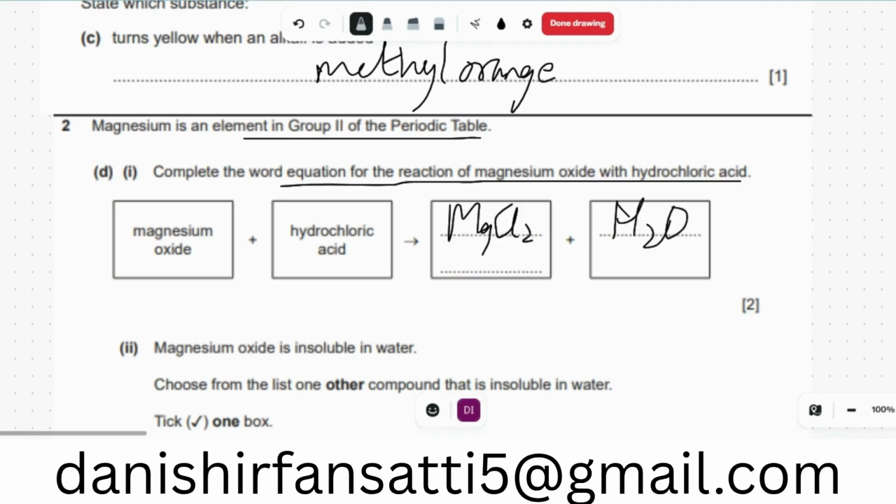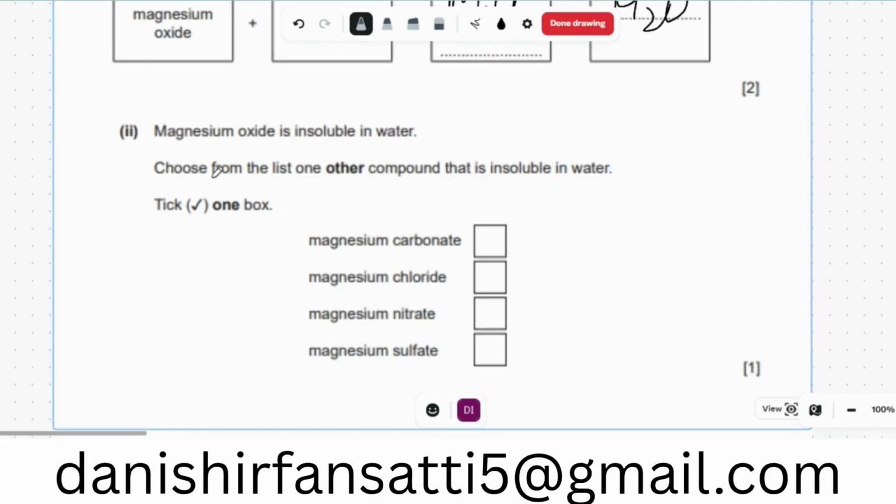Magnesium oxide is insoluble in water. Choose from the list one other compound that is insoluble in water. That is magnesium carbonate, because most carbonates are insoluble in water.